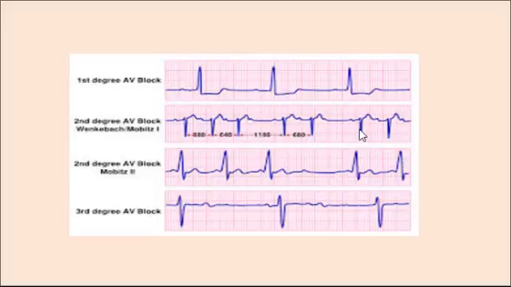I like to think of all of these AV blocks as a marriage. So you look at your first degree AV block and you say, boy, they're talking every week, but they're kind of delayed in their talk, even though they're talking, so they're having some marriage problems. The SA and the AV are not quite communicating like they should.